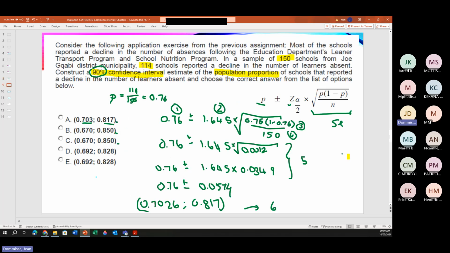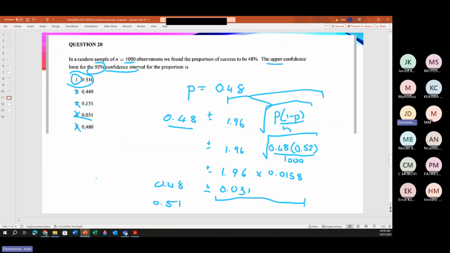Okay, so just be careful around that. Then your confidence intervals don't always need to follow the pattern of there's a lower confidence, there's an upper confidence. They might just ask you one of it.